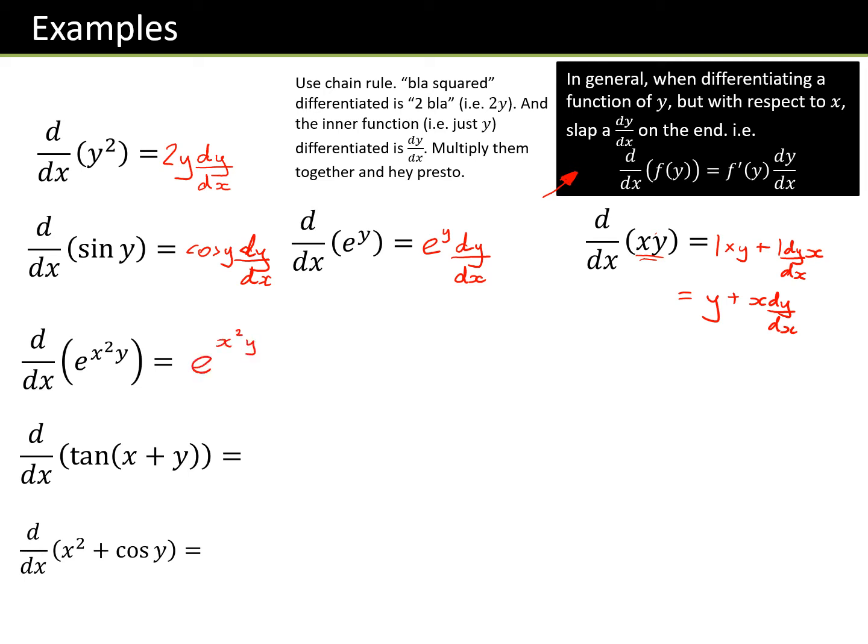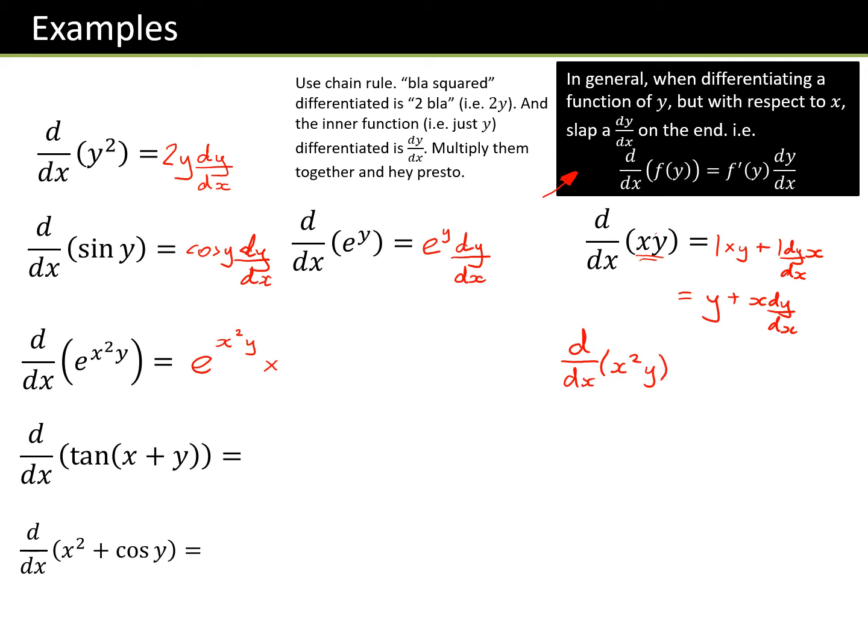But because this power isn't just x, we need to multiply by the differential of the power. It's chain rule again. So we need to differentiate this power. We've basically got a separate question in this. We need to differentiate x squared y.